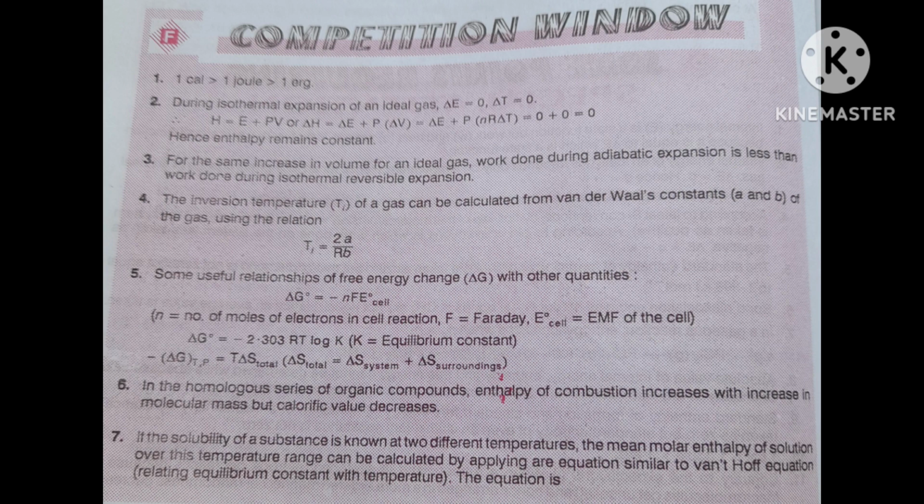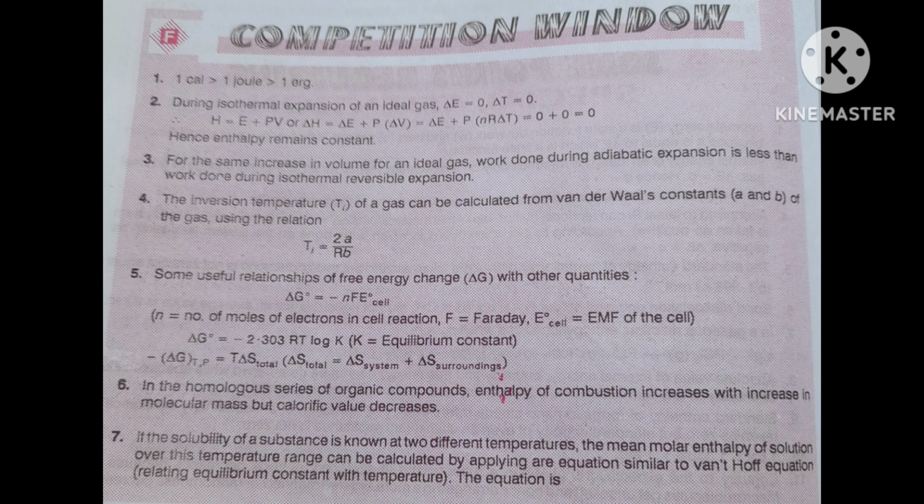Both are 0. Now we have to apply this condition here. Then here delta E will be as it is. Delta H is equal to delta E plus P into delta V.